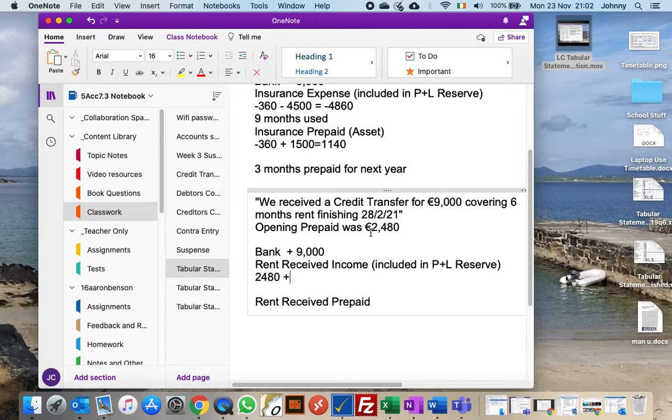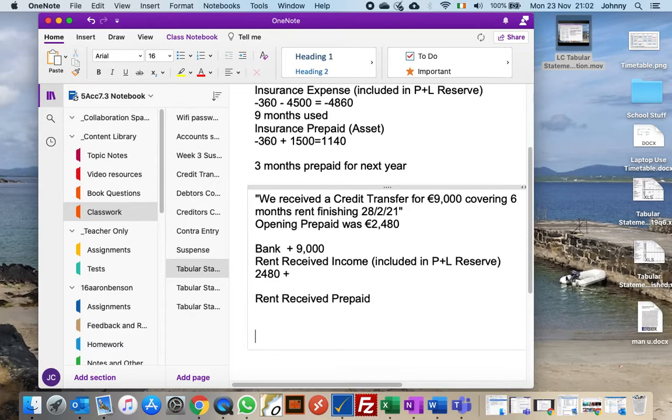Plus we're going to have the proportion of the check that we received that we've actually used. Okay, so it's 9,000 covering 6 months, finishing 28th of the 2nd. So that means it's going to finish 2 months into next year, which means we must have 4 months of this year.